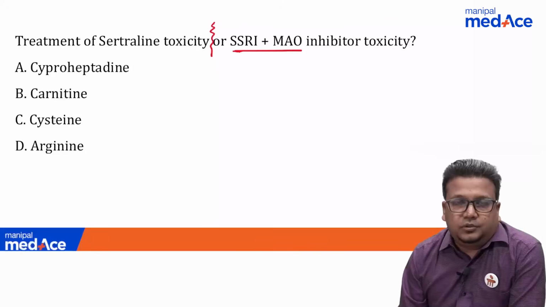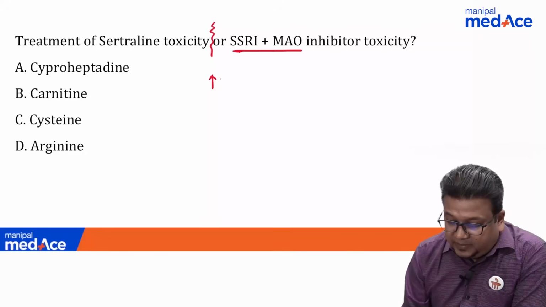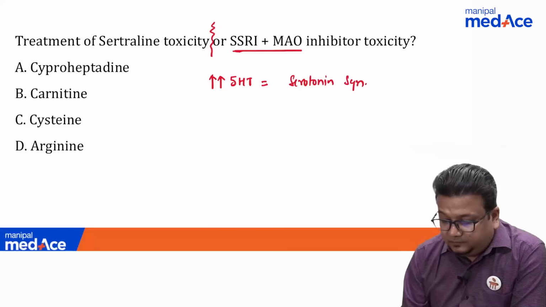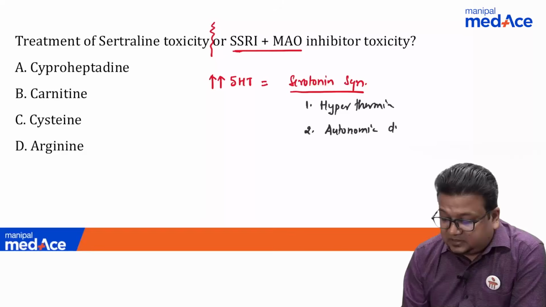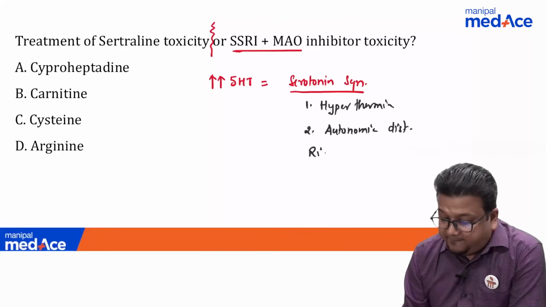But anyhow, both the combinations, whether SSRI alone or SSRI with MAO inhibitors, are going to lead to excessive increase in serotonin action, leading to what we call the serotonin syndrome, which is characterized by hyperthermia, autonomic disturbances, particularly fluctuations of BP and diarrhea, muscle rigidity, and sometimes there is also myoclonus.